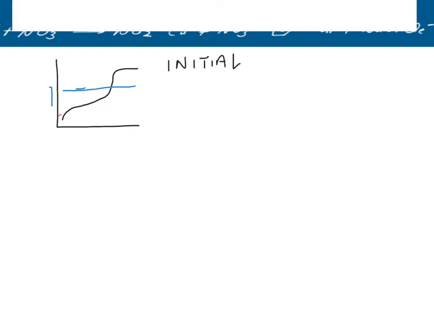At the initial point, before we've added any base, what is present is just the acid itself. Now it has somewhat done its thing, even if it's a weak acid, and dissociated, making protons and conjugate base.